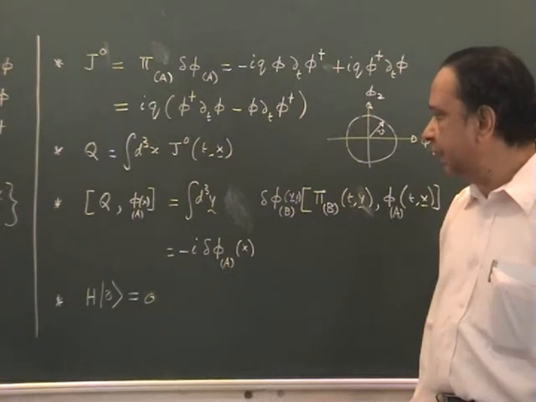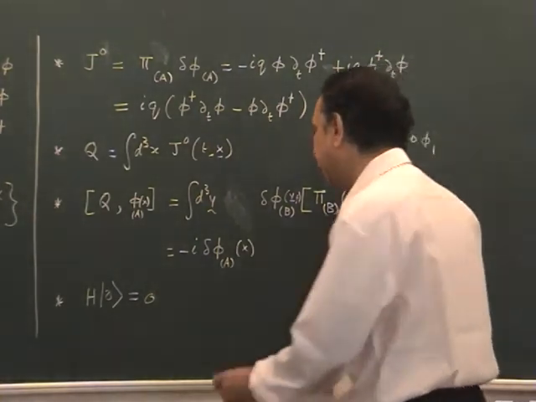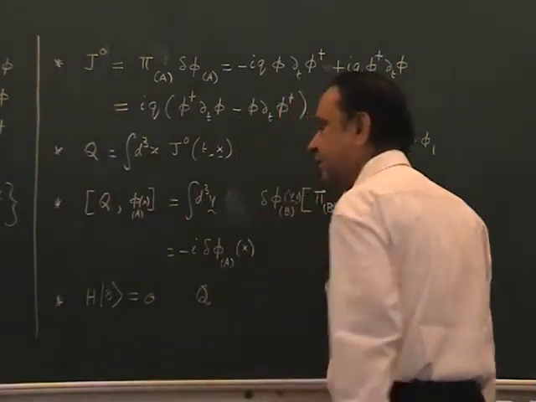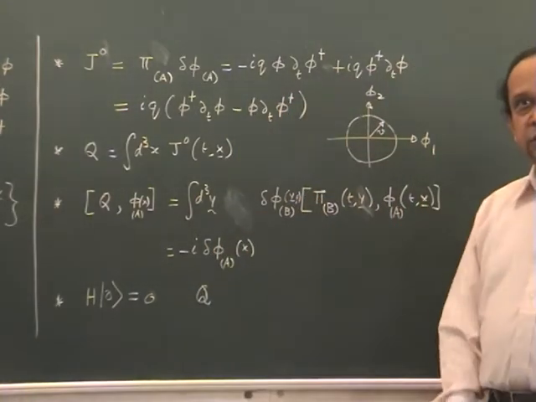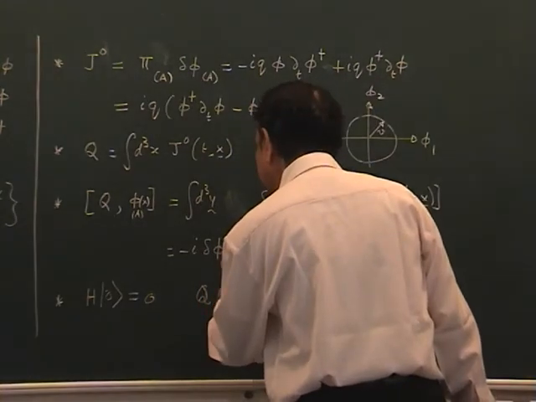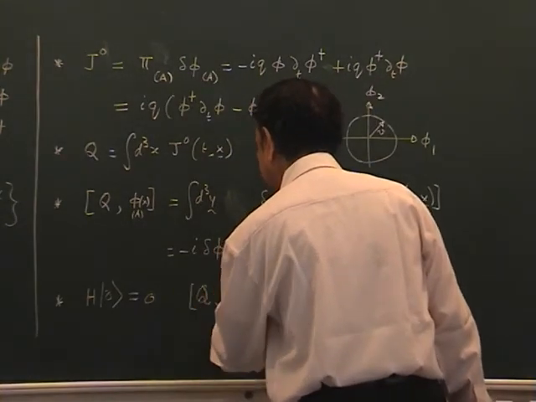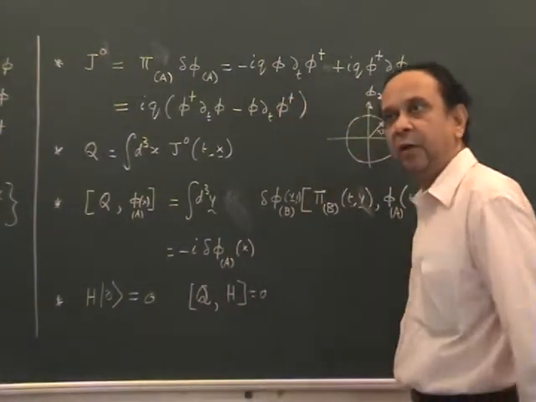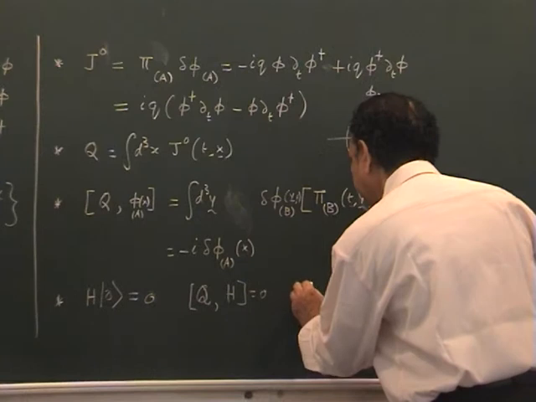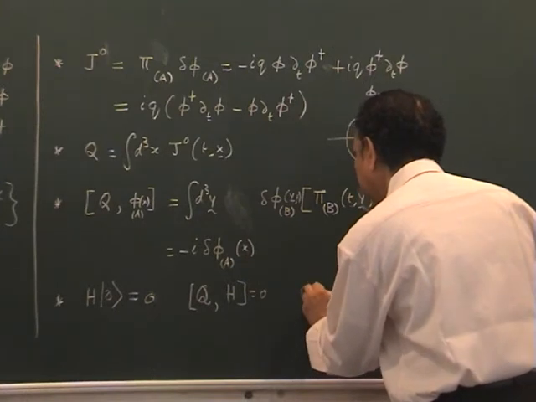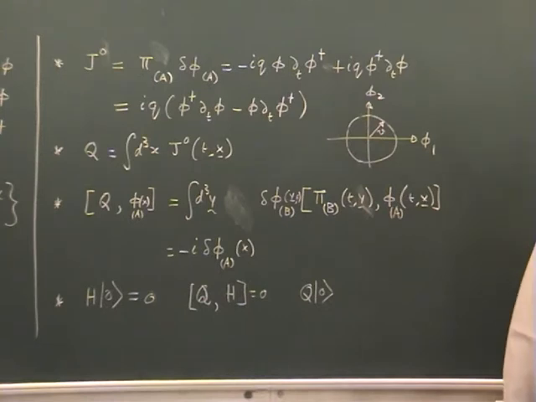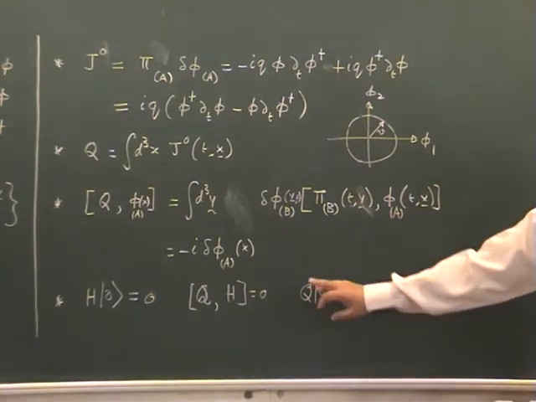Now what you do is that you think of operator Q, which is a charge associated with that symmetry. So the first thing you know is that the commutator [Q, H] is 0 because the charge is constant. So it commutes with the Hamiltonian. Now you look at this state Q on the vacuum. Now this is going to be a state.